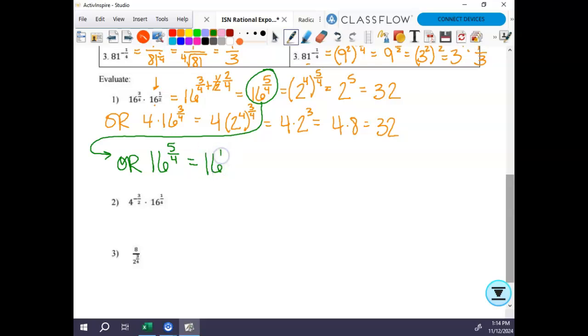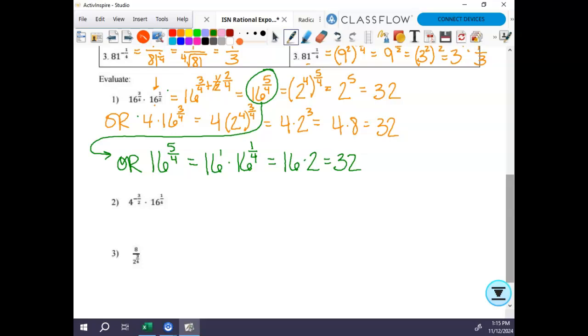You can put a 1 there if you want, you don't have to. And then there's 1 left over, so that's times 16 to the 1/4 power. So this was unsimplified completely. This was simplified a little bit, and then this is kind of simplified even more. So now I just have the 4th root of 16, which is 2, and that also gives me a 32.